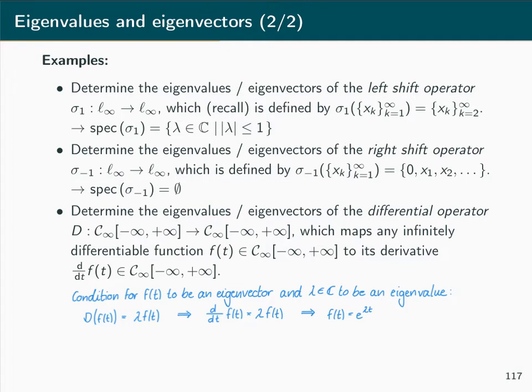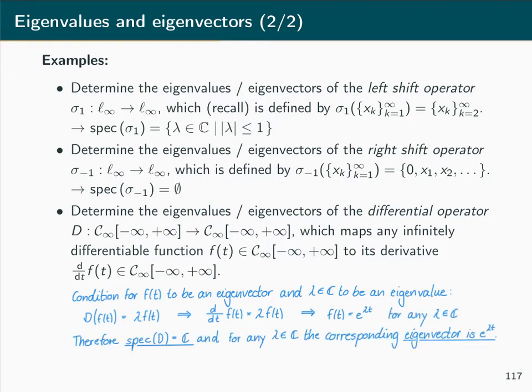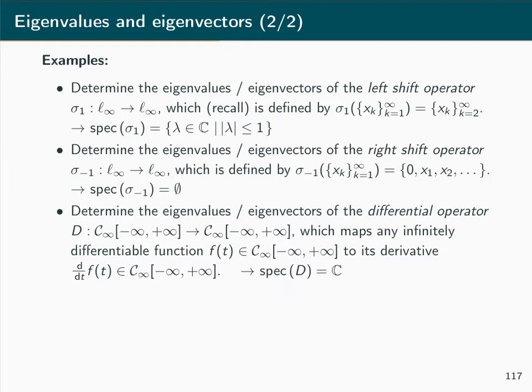Since this works for every possible value of lambda in C, we can deduce that the spectrum of the differential operator equals the entire complex plane, and the corresponding eigenvector to an eigenvalue lambda equals e to the lambda t. So the result is stated here again.